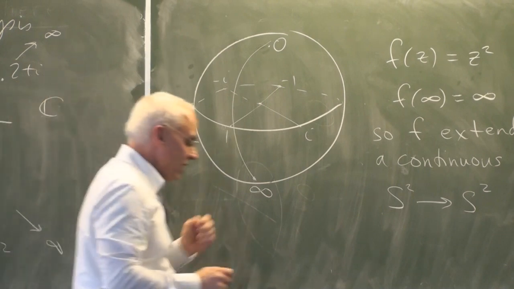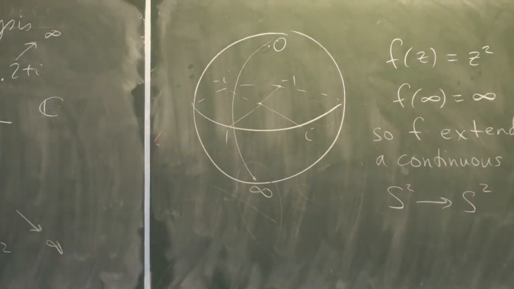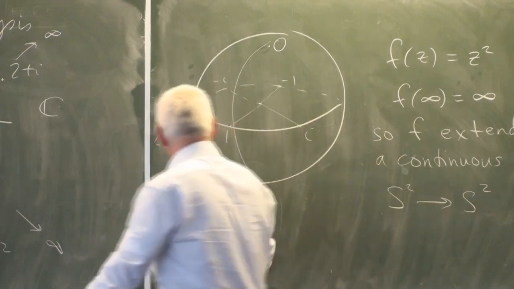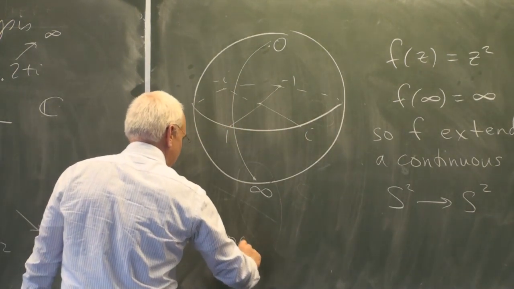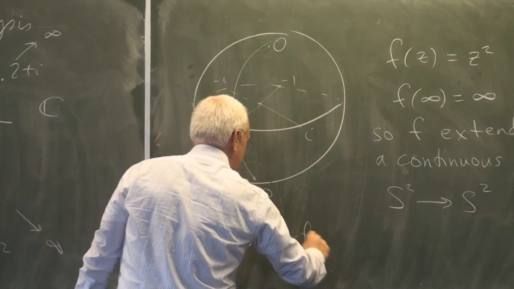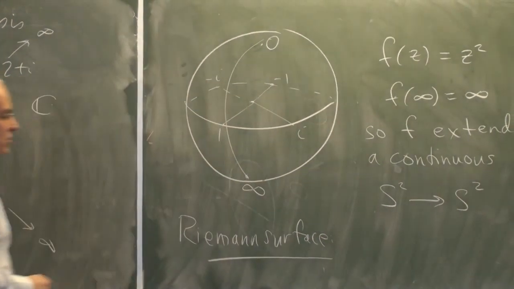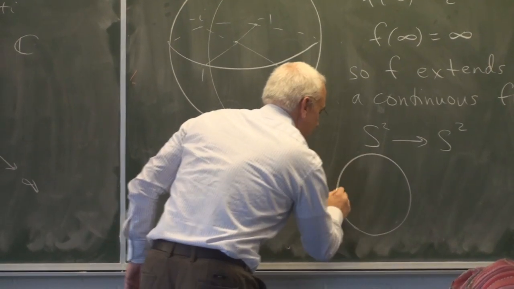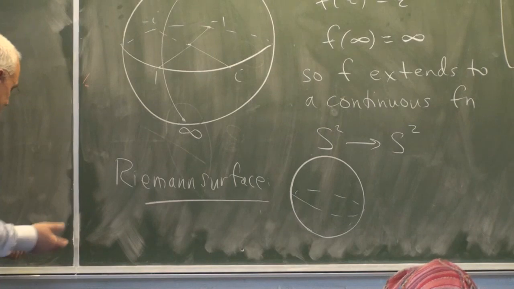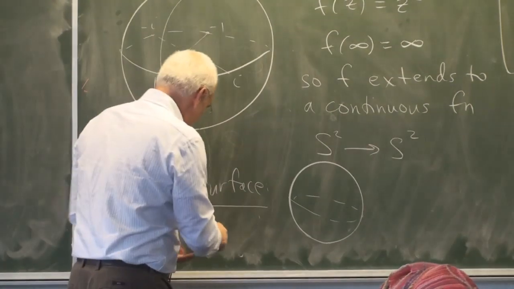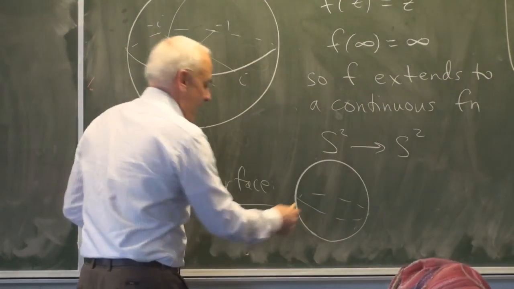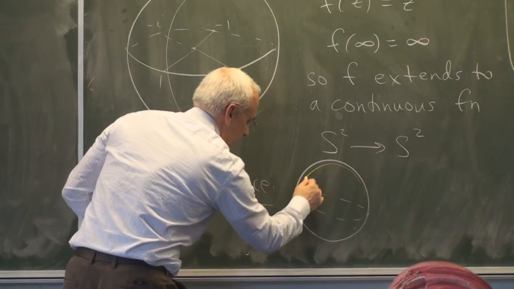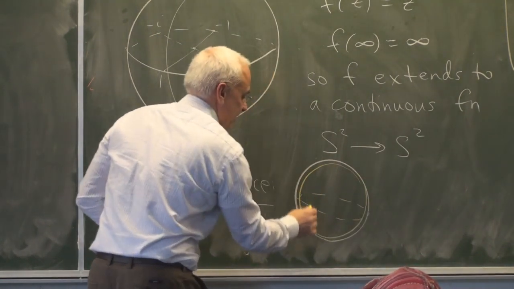And what Riemann realized is that the image of this function can be thought of in terms of what's now called a Riemann surface. What you're really doing is taking 2 copies of the sphere. It's a little bit hard to draw, but there's one copy in white, let's say, and another onion layer, very close but just inside it.